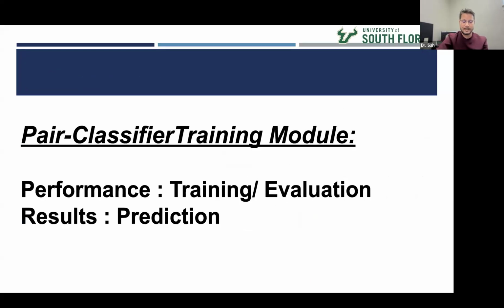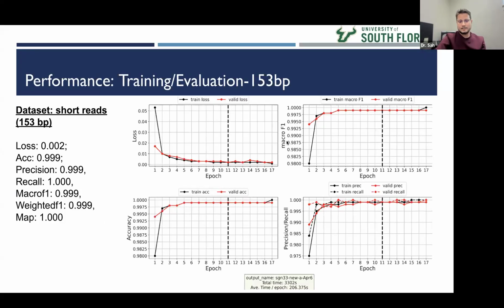All right, so I would like to present some of the results here. This is the training and evaluation for the 153 base pair result. This is the loss, this is macro F1, this is the accuracy, and these are precision and recall.